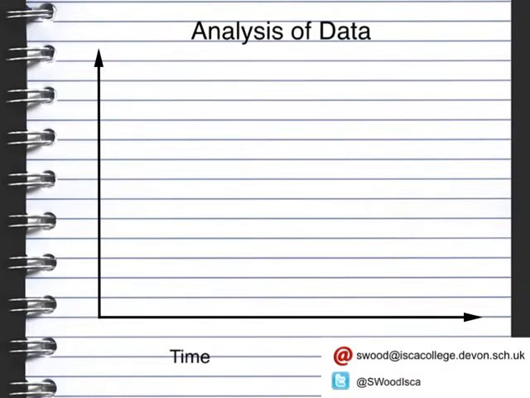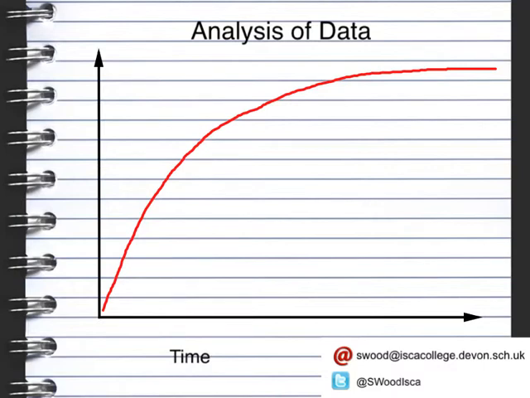Now we're going to look first of all at a reaction done at a high temperature. Okay, now the shape of the graph will look like this. Now this means, as we've seen before, we start off fast and then as the reaction goes on it gets slower until we get to a flat point where the reaction has stopped.